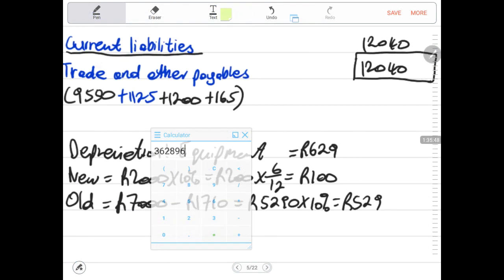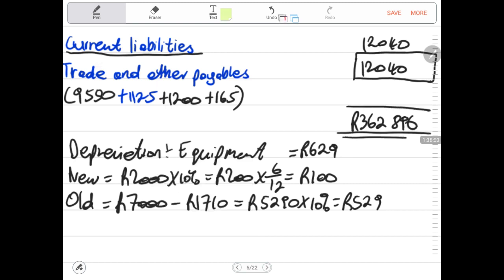We get total equity and liabilities at 362,896. This will be total equity and liabilities.